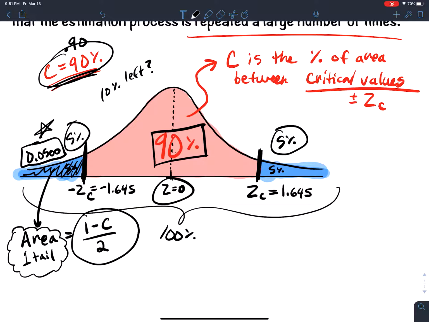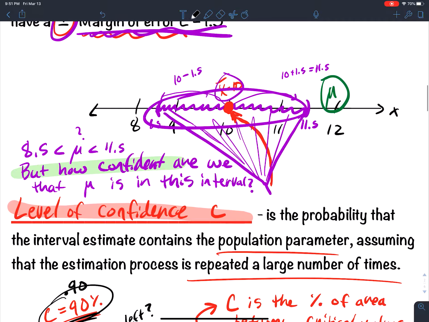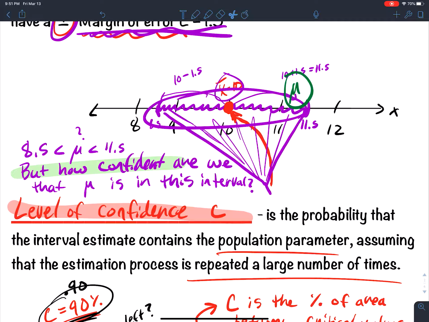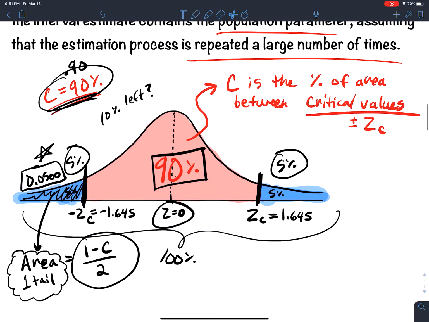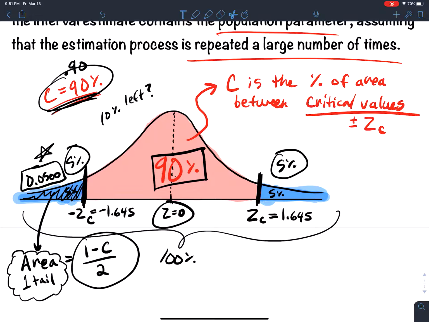Now, what do you think's going on here? Well, going back to this example here, I asked the question, how sure were we that our interval, this purple interval, had mu in it, right? How confident were we? Well, maybe I can say if I have z-scores plus and minus 1.645, then I'm 90% sure that my mean falls somewhere between here.